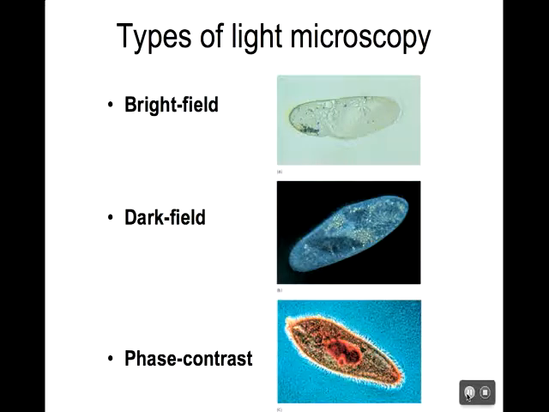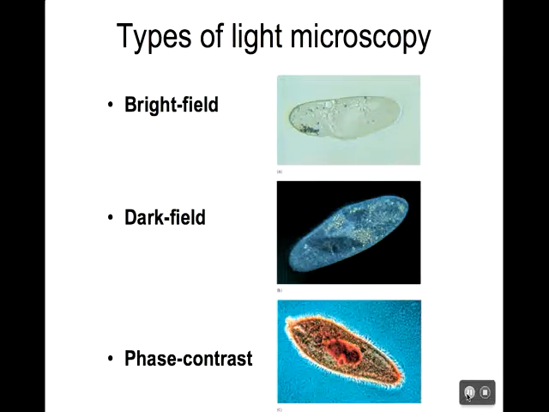Some of the light is absorbed by that specimen, so you wind up seeing a dark specimen on a light background. That's bright field microscopy, what we're used to seeing. The value of bright field microscopy is that you can see true color. You can see what color an organism is.